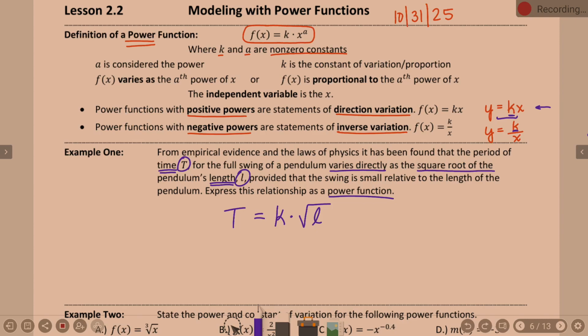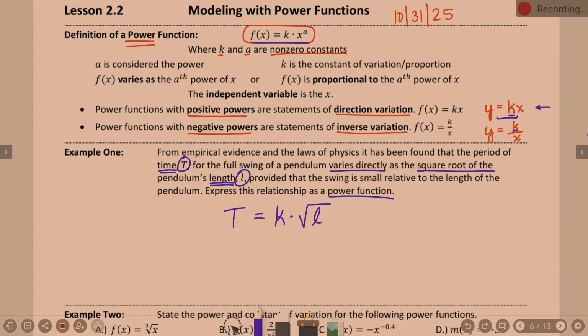They just asked us to express this as a power function. If it's a power function, go back to this format up here. What's slightly different in ours that we could change? Can you do like T of L? Is it the fact that we have a square root and they have an actual power?